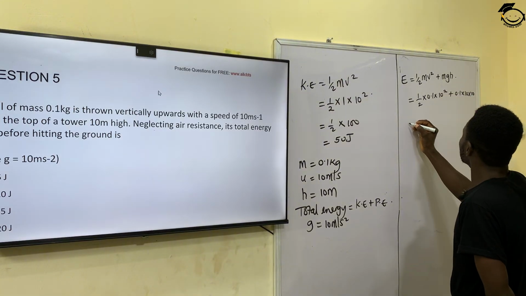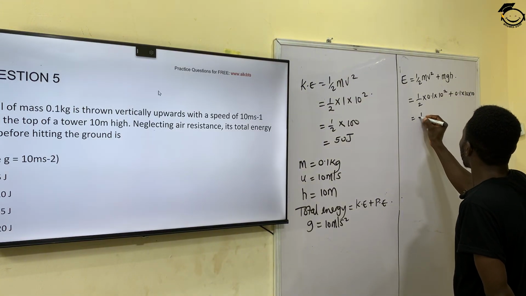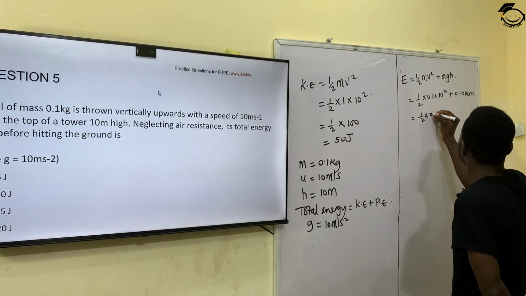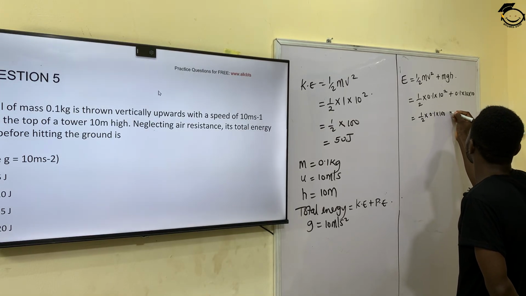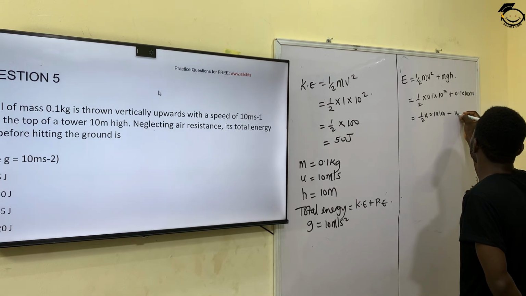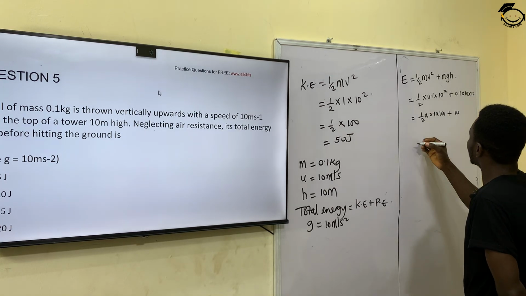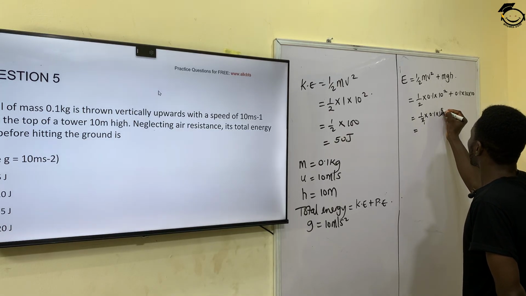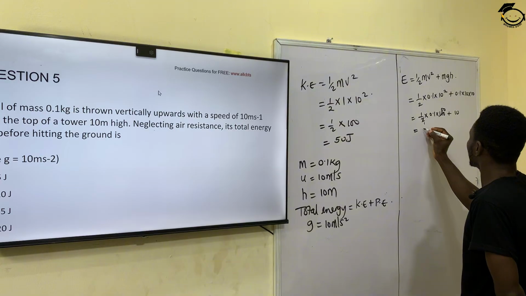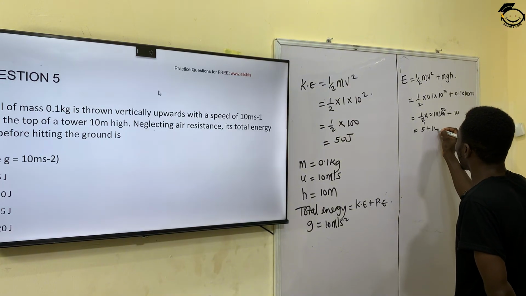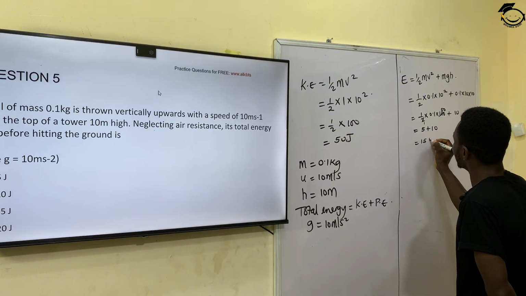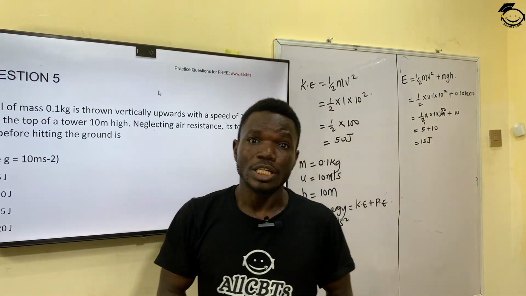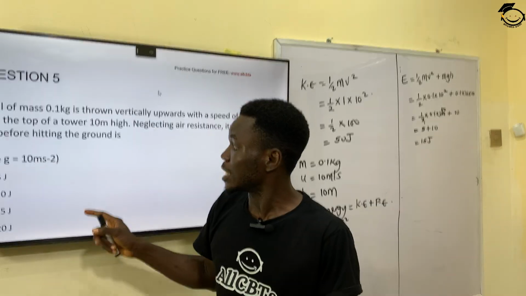So this means that I have 1 over 2 times 0.1 times 100 plus, this will give me 10 when I multiply all of this together. So 2 here, 1; 2 here, 50. 0.1 times 50 will give me 5. So I have 5 plus 10. That will give me 15 joules. It means that the total energy in this question is 15 joules, and that is option C.